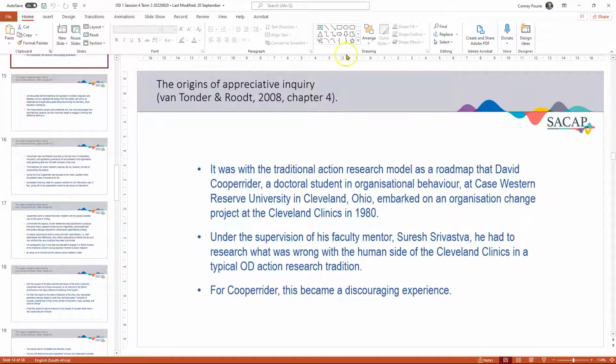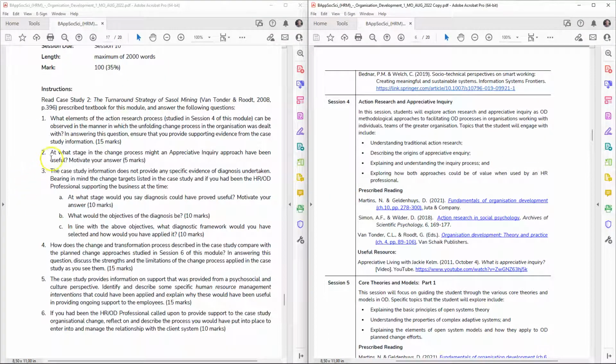And saying that, with a case study, each of you will read it maybe slightly differently. We bring our own subjectivity to issues. Hopefully you would be bringing enough of the knowledge you've studied so far around the topic to have some degree of objectivity. But let me get to the point I want to make: at what stage in a change process might an appreciative inquiry approach have been useful?